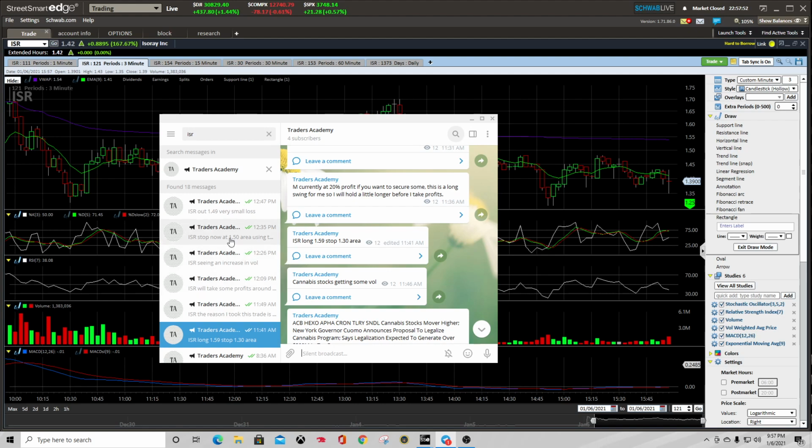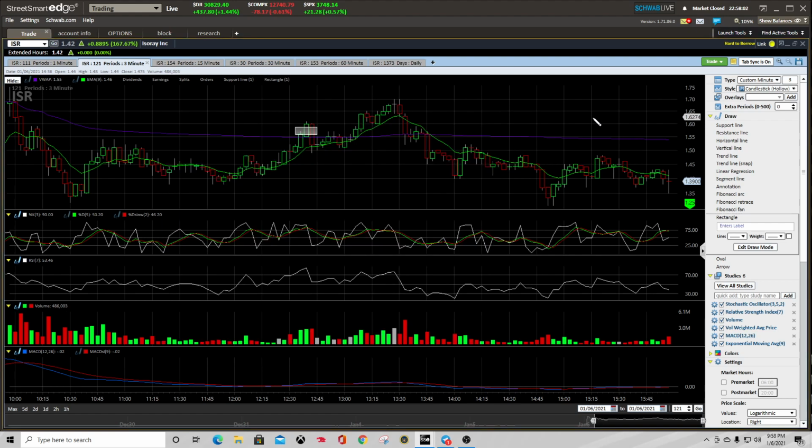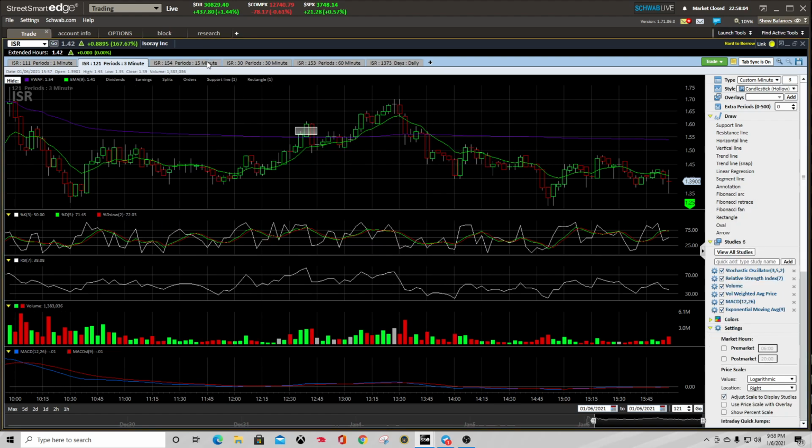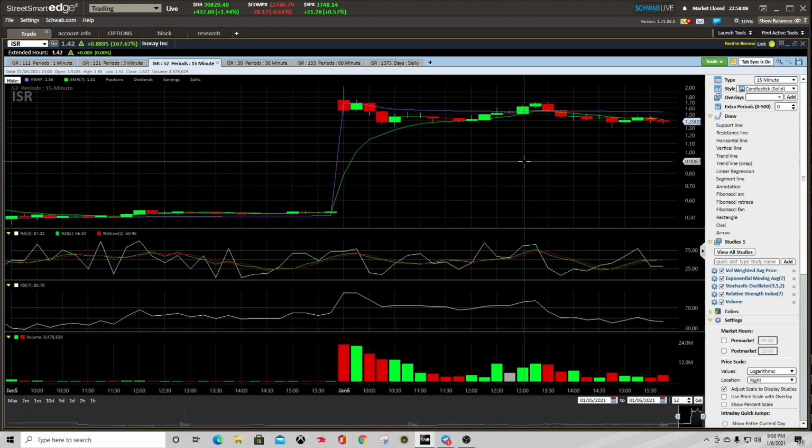Then I said ISR stop is now at 1.50 area using the 15-minute trade line. If we go to the 15-minute, you can see by then the trade line is around 1.50. There's the value number on this trade line.